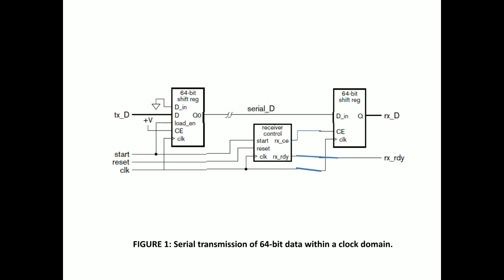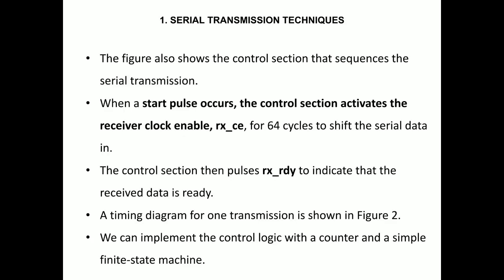Next we'll see the importance of the RxCE signal and the RxRDY signal. The example stated that after the start pulse has occurred, after the start signal is 1, we can enable the receiver controller clock enable.